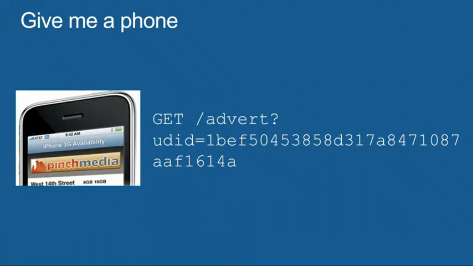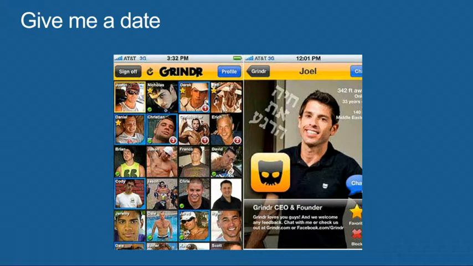What this means is that advertising networks like Flurry can start to correlate usage across all applications that are displaying their ads, because they know that someone using Pinch Media, or whatever this ad was, saw one Flurry app with the same UDID as over here. And one bad example of this was one of these apps where you can find people who share similar tastes to you.